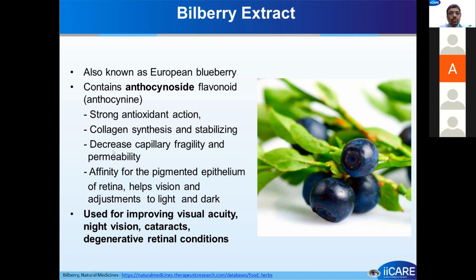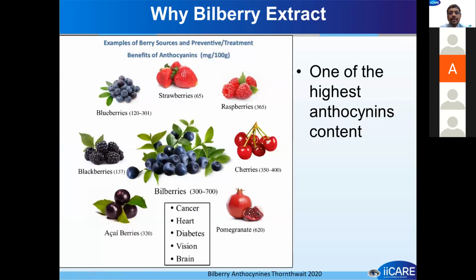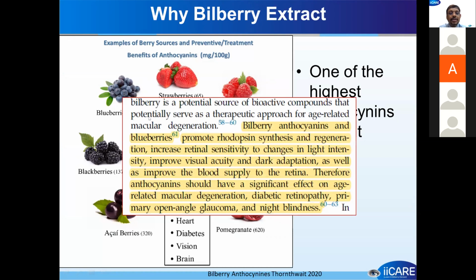So there are a number of clinical studies with bilberry extract. It is used for improving visual acuity, night vision, cataract, and degenerative retinal conditions. So why bilberry extract? It comes with one of the highest anthocyanin contents. If we see the other fruits or berries which contain anthocyanin, we can compare them here with bilberry.